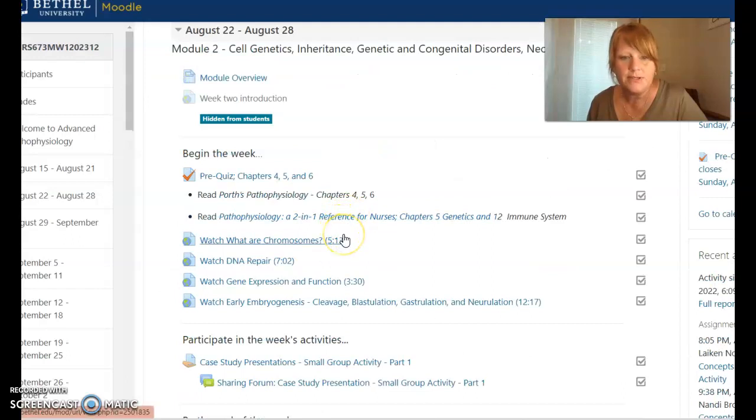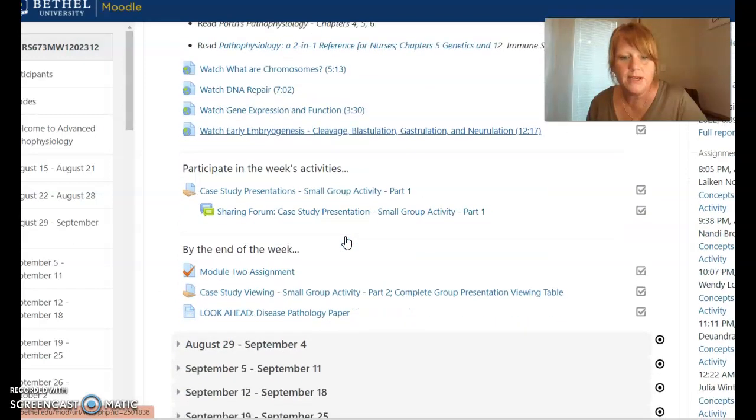And just one person needs to upload the case study into the sharing forum so that it makes it easier to navigate and know what you're doing. This is not like a normal forum post, you don't need to comment on people's posts in this location. It's just so everyone has access to all the presentations that were done. So one person in your group, submit your final presentation here so everyone can see it.